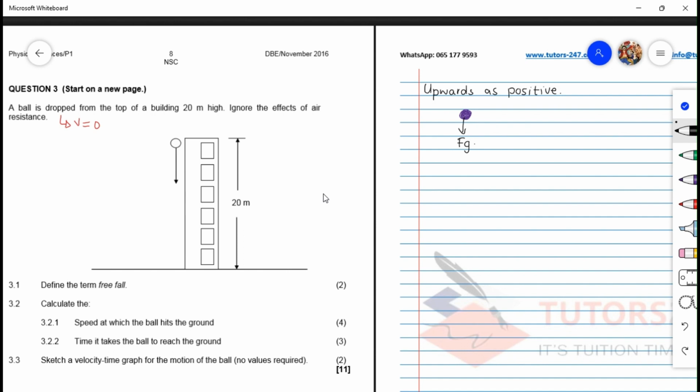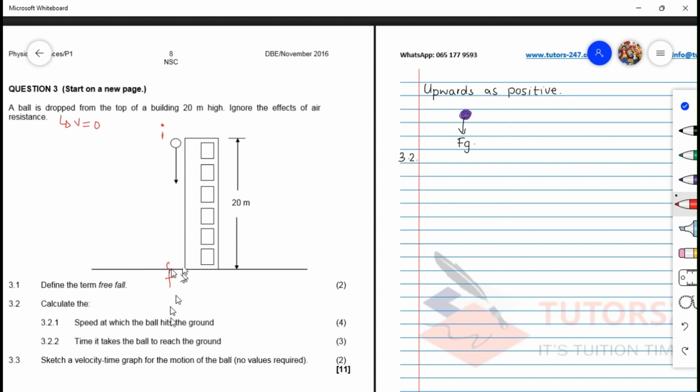So, our next question, question 3.2, calculate the speed at which the ball hits the ground. Now, for this, I'm going to take this as my initial point, which is where the object was dropped, and I'm going to take this as my final point, which is where the object hits the ground.